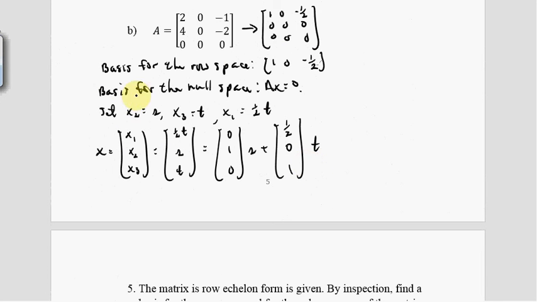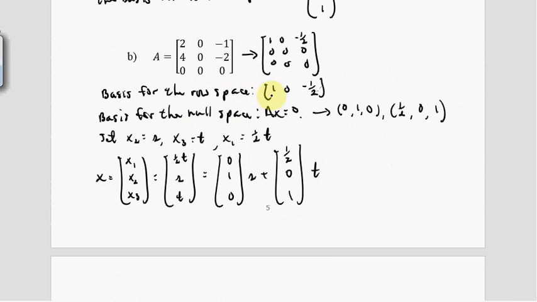So here, my basis for the null space would be 0, 1, 0, and 1/2, 0, 1. How many do I have? I have 2 for the basis for the null space. I have 1 for the basis for the row space. Again, 2 plus 1 is 3.